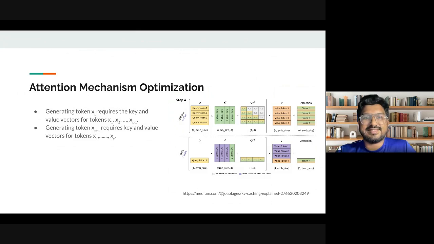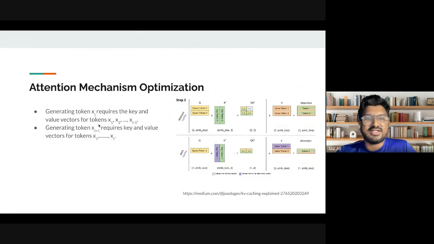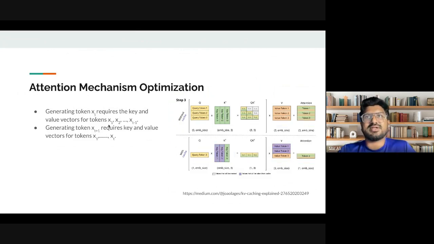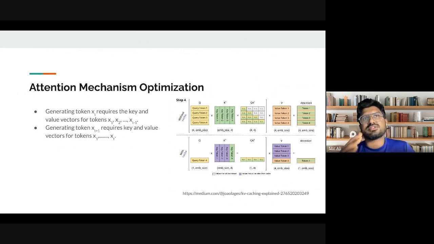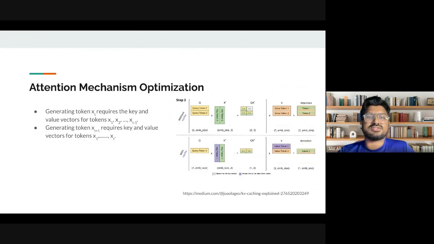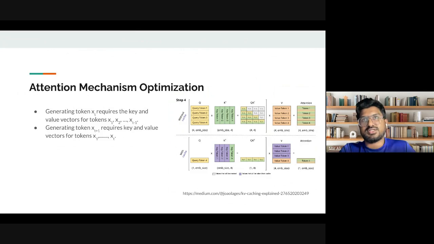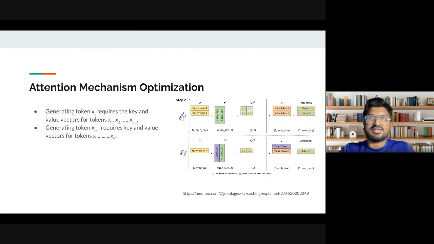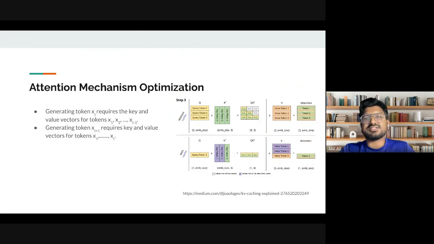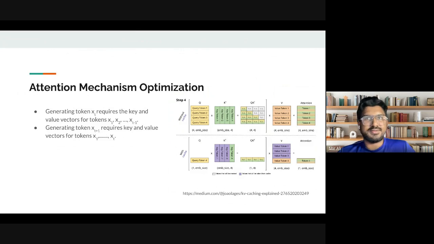To generate the t token, we will need key and value vectors for 1 to t minus 1, that is, from step 1 to time t minus 1. And to generate t plus 1, we might need all the tokens from x1 to xt. That is, they need to be stored or regenerated.